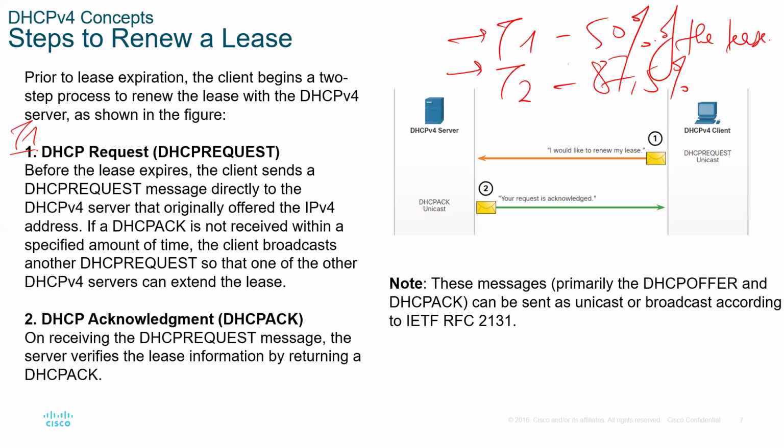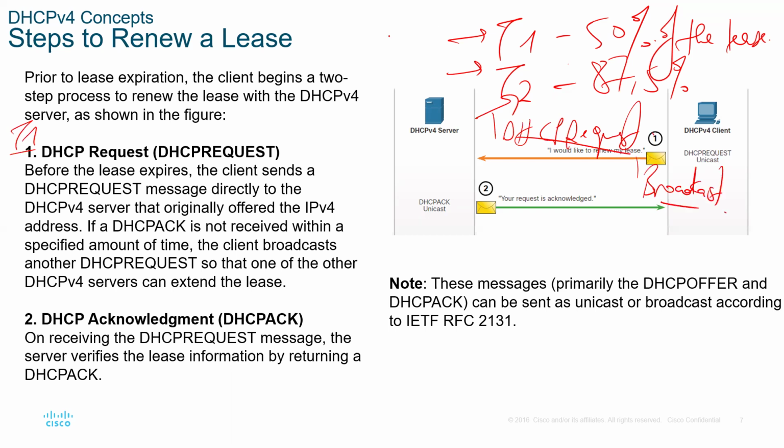Then if the server responds, the IP address is renewed. If the server does not respond, at T2 another message is sent, which is a DHCP request. But at this point, it is now a broadcast.